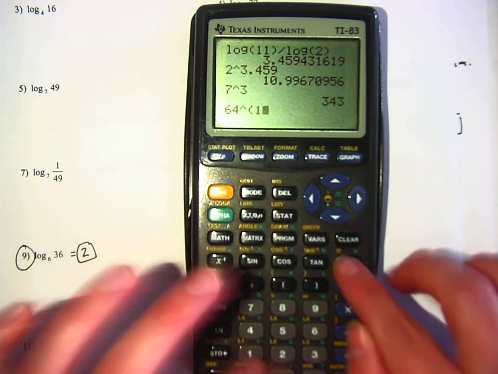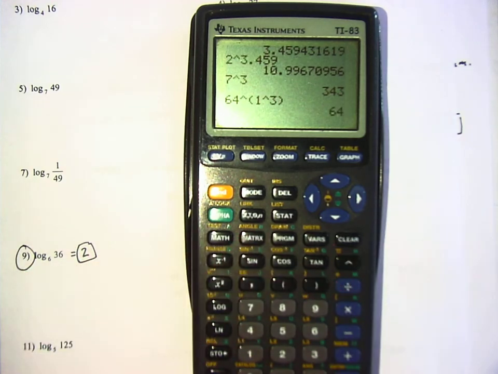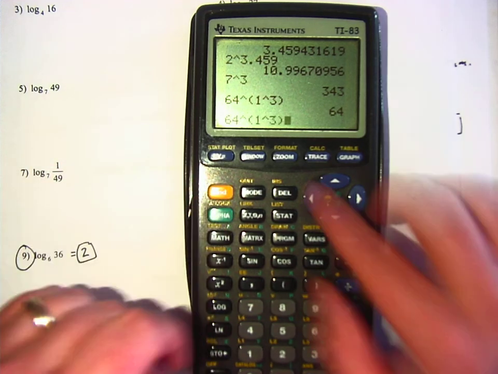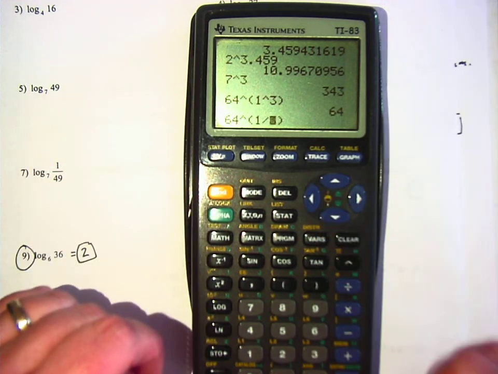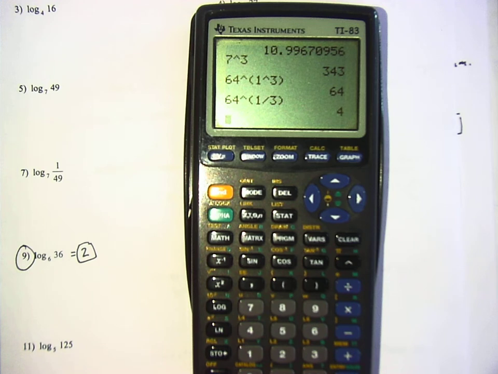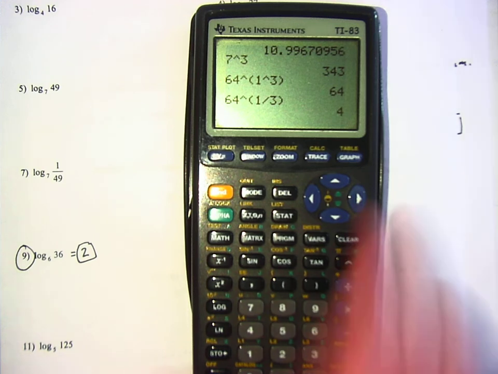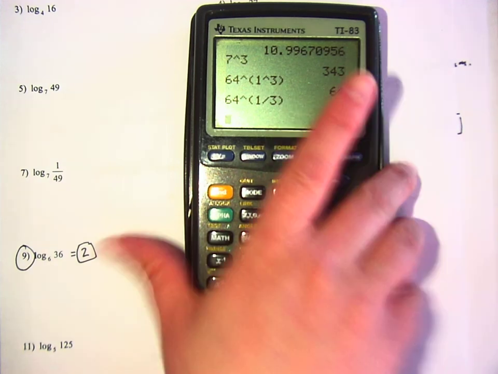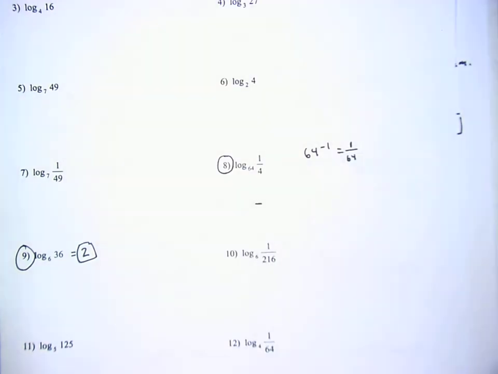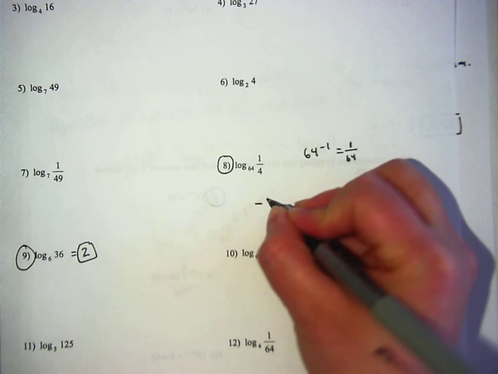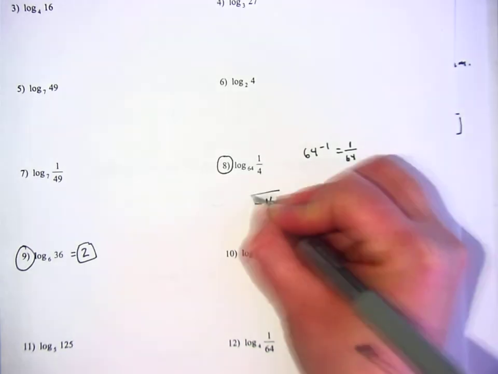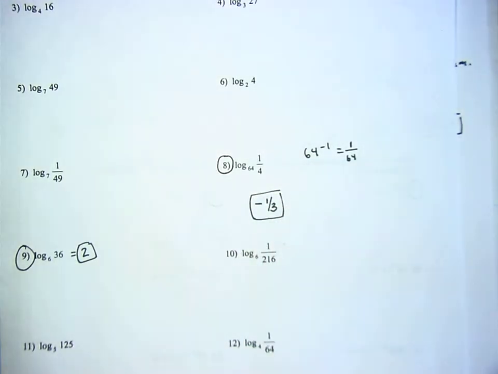Let's try it. So it would be -1/3. That one's a tough one. I think that's the toughest one though on the sheet.